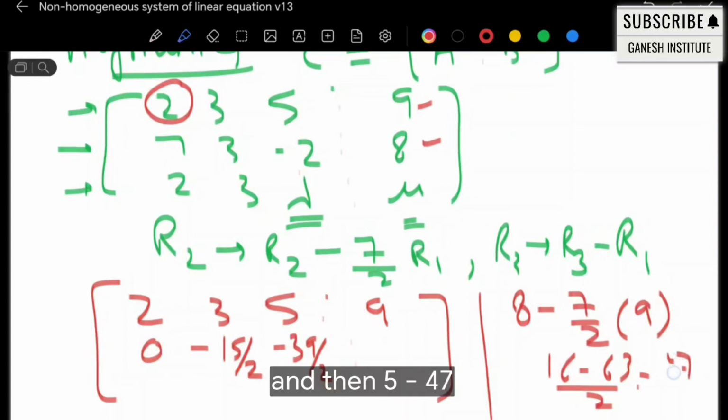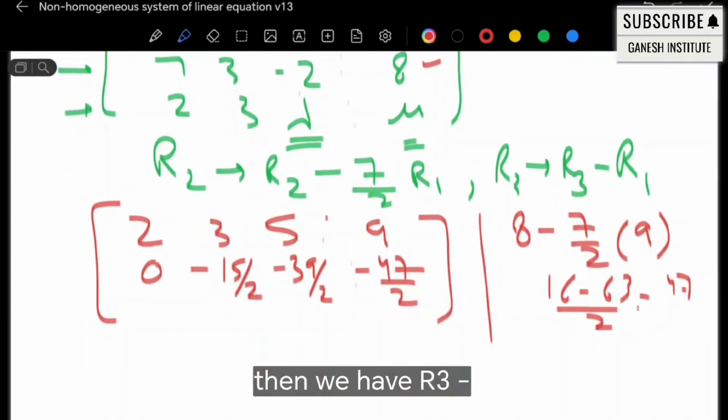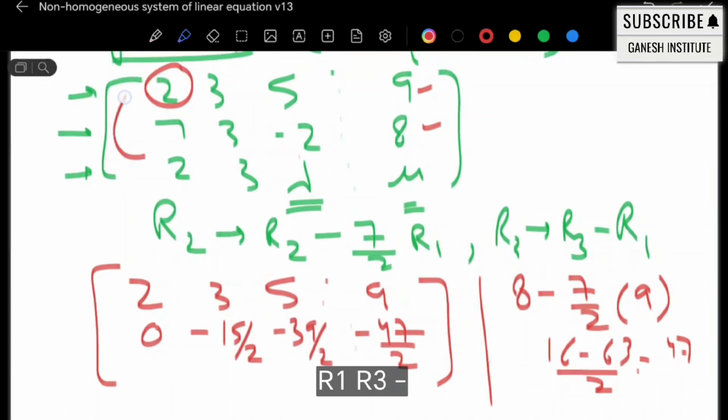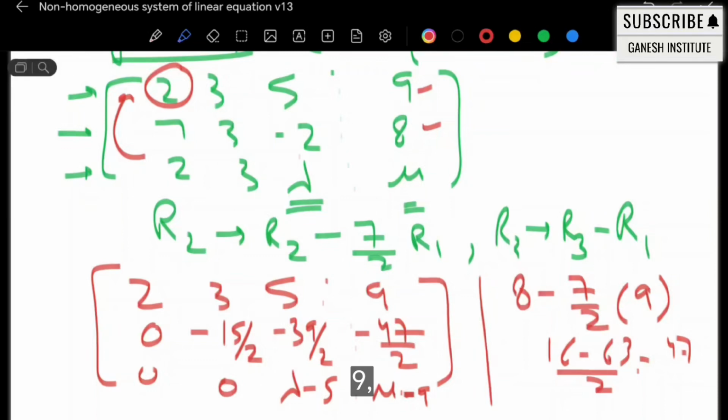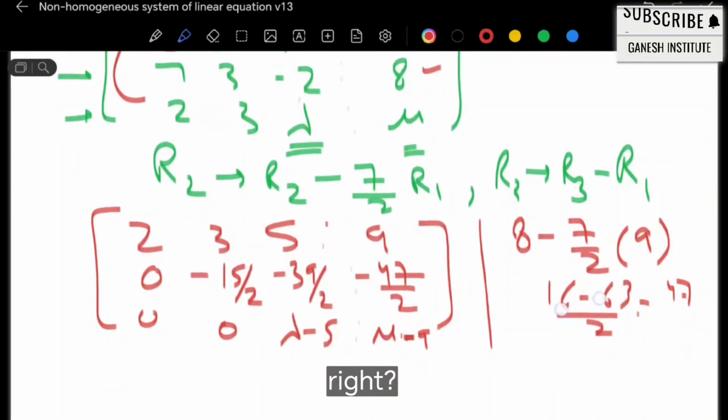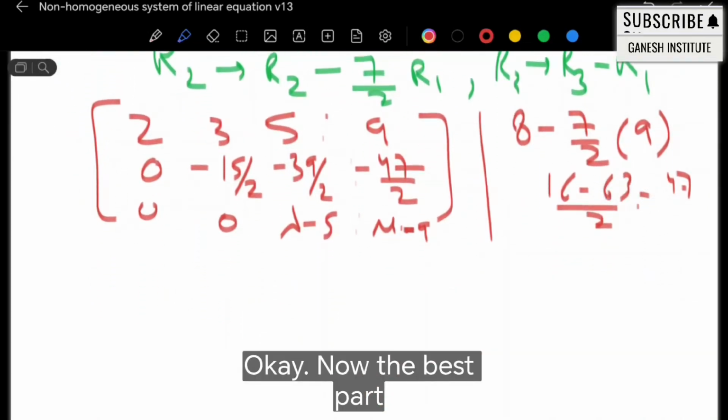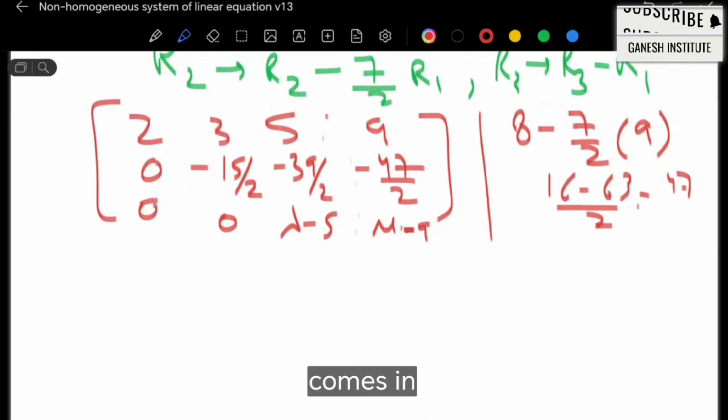And then 5 minus 1, 47 by 2. Then we have R3 minus R1. 2 minus 2, 0. 3 minus 3, 0. Lambda minus 5. This was quick one. And mu minus 9. Right?